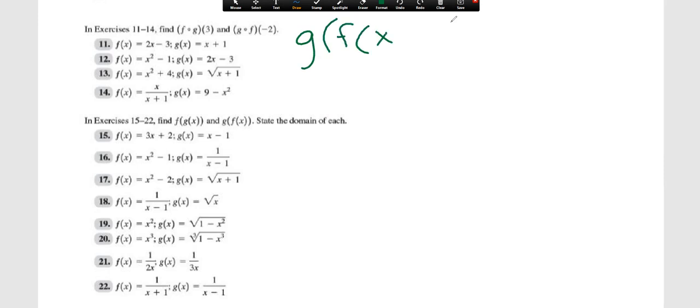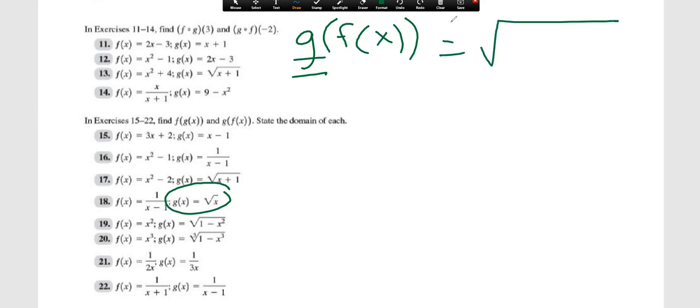Of course, yes. So the part on the outside is controlling what goes on. The g function for question 18 says whatever we plug into it, we take the square root of that. And what are we putting into it? The f function, 1 over x minus 1.